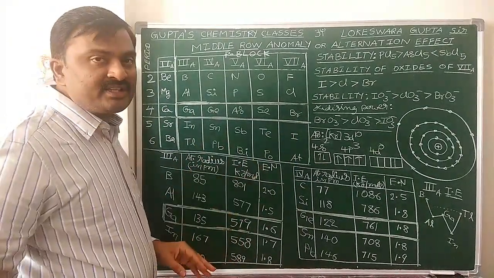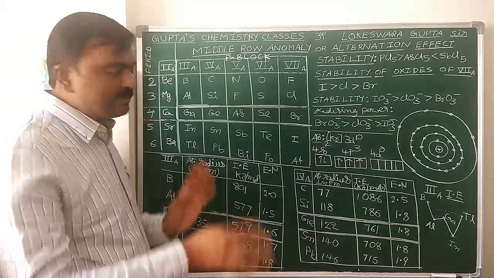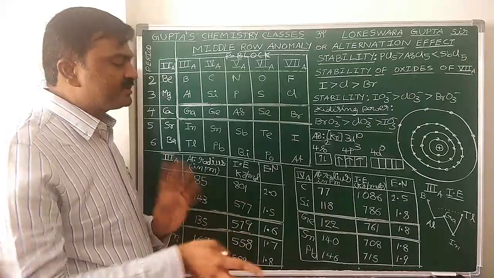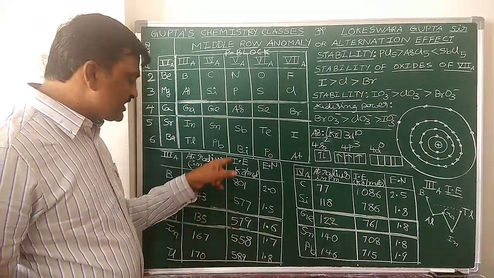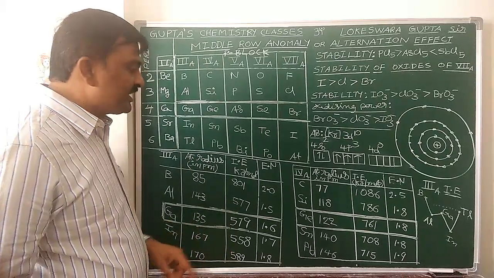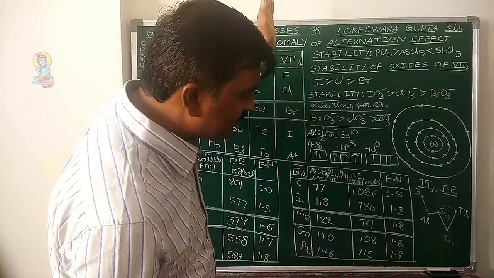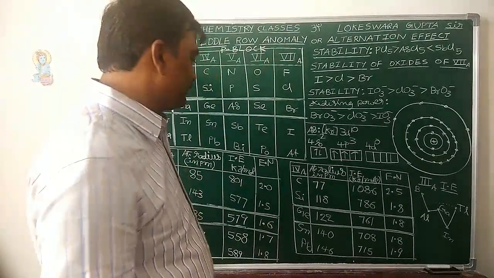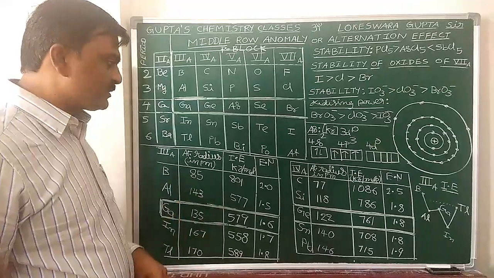Here, to remember these trends, it is better to compare the trend graph with some structures or letters. For example, the ionization energy trend of the 3A group elements you can remember as a tilted W. So here in the ionization energy, an exception is observed.